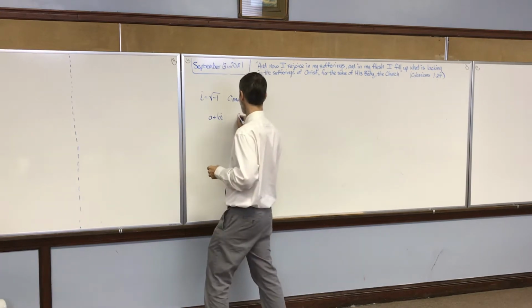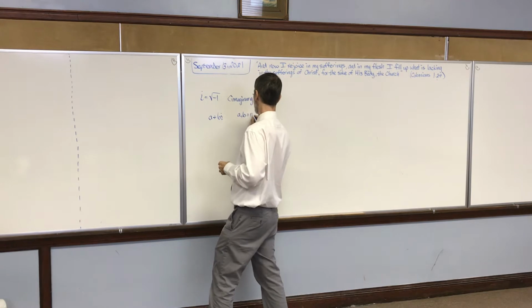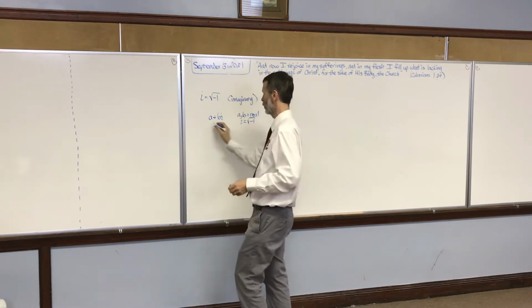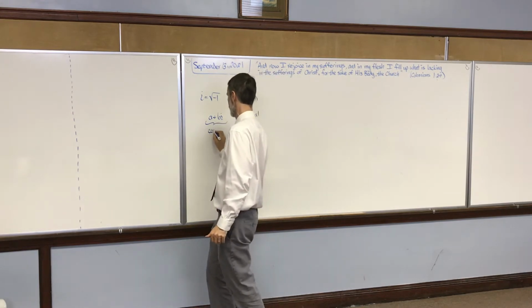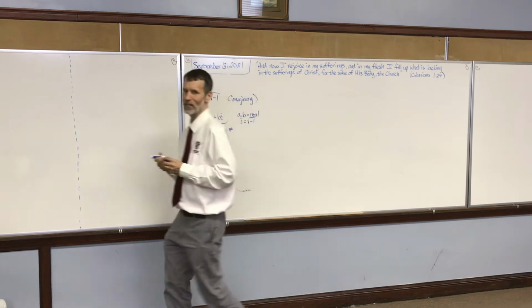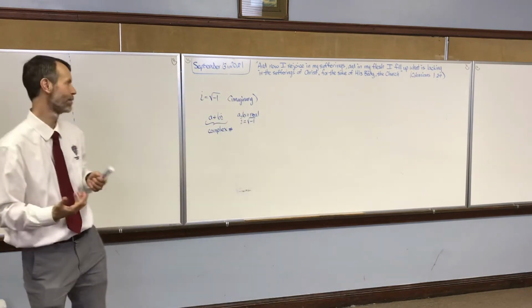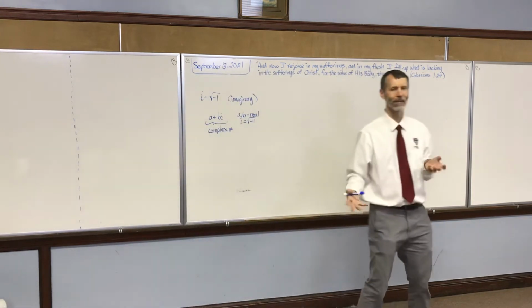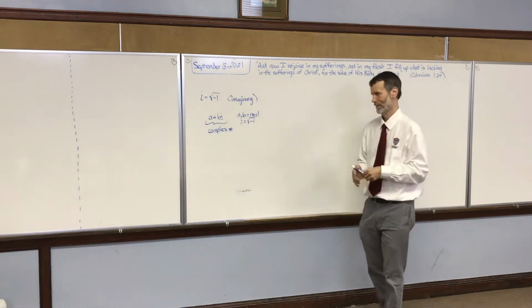A and B are real, and i is radical -1. This is called a complex number. A complex number is a real number plus an imaginary number. Any imaginary number is i, or 2i, or 8i, or some number times i.